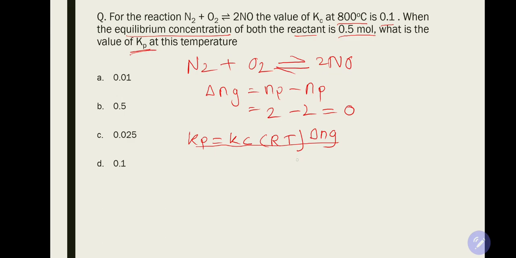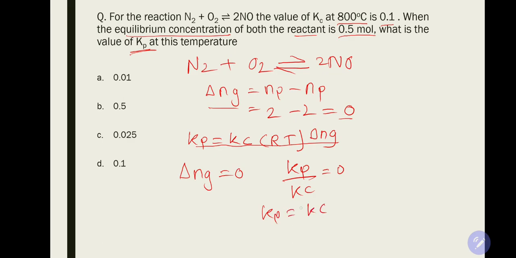Here there is one shortcut which I'll tell you today. Here you can see the delta Ng value is 0. Just now in the previous question we have seen, if the value of delta Ng is equal to 0, then Kp upon Kc is equal to 1. So can I say that Kp is equal to Kc?